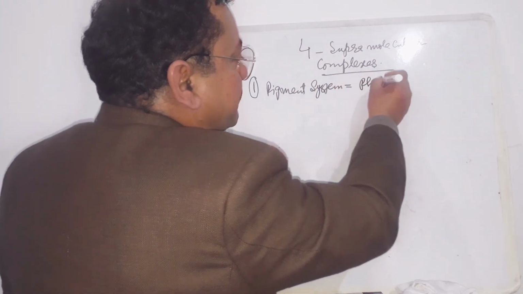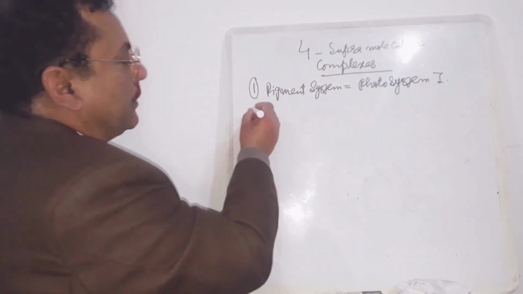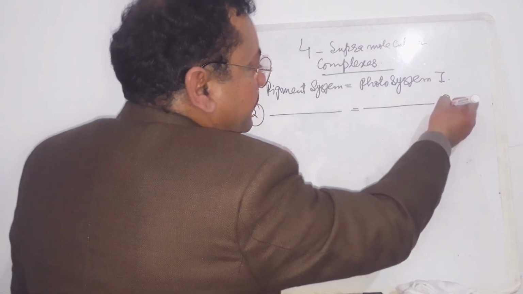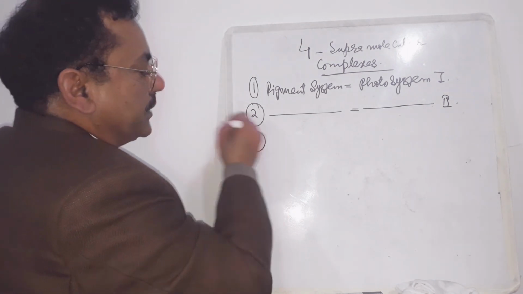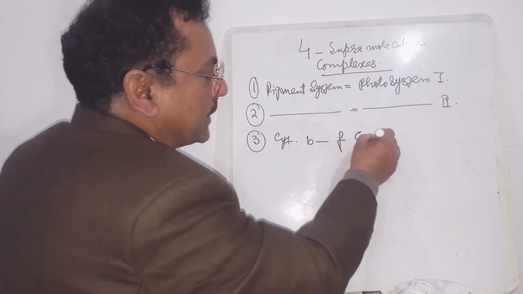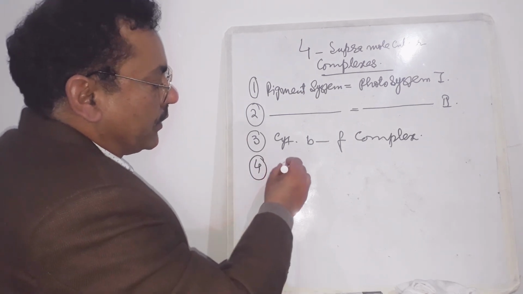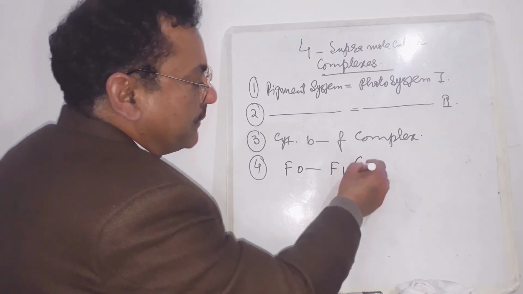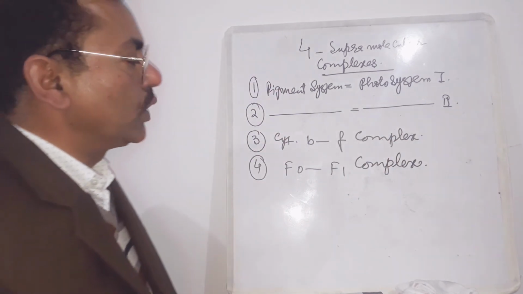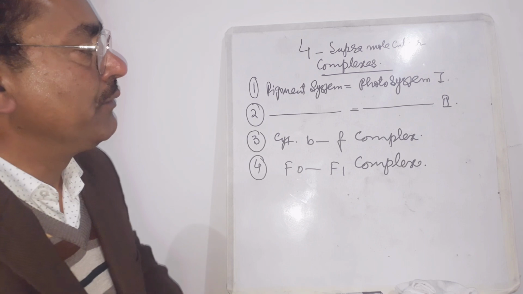Number 2 is the pigment system or photosystem second. Number 3 is the cytochrome b6-f complex. Number 4 is the F0-F1 complex. So these are the 4 supramolecular complexes that come out when we treat the grana or thylakoids with a mild detergent.